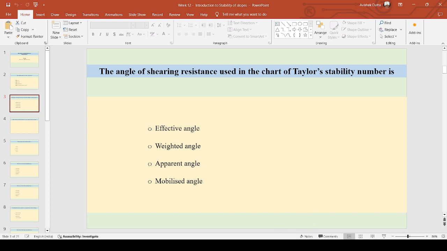The angle of shearing resistance used in the chart of Taylor's stability number is, what is the description or the definition of that angle of shearing resistance as is used in the Taylor stability number chart? Options are effective angle, weighted angle, apparent angle, or mobilized angle.